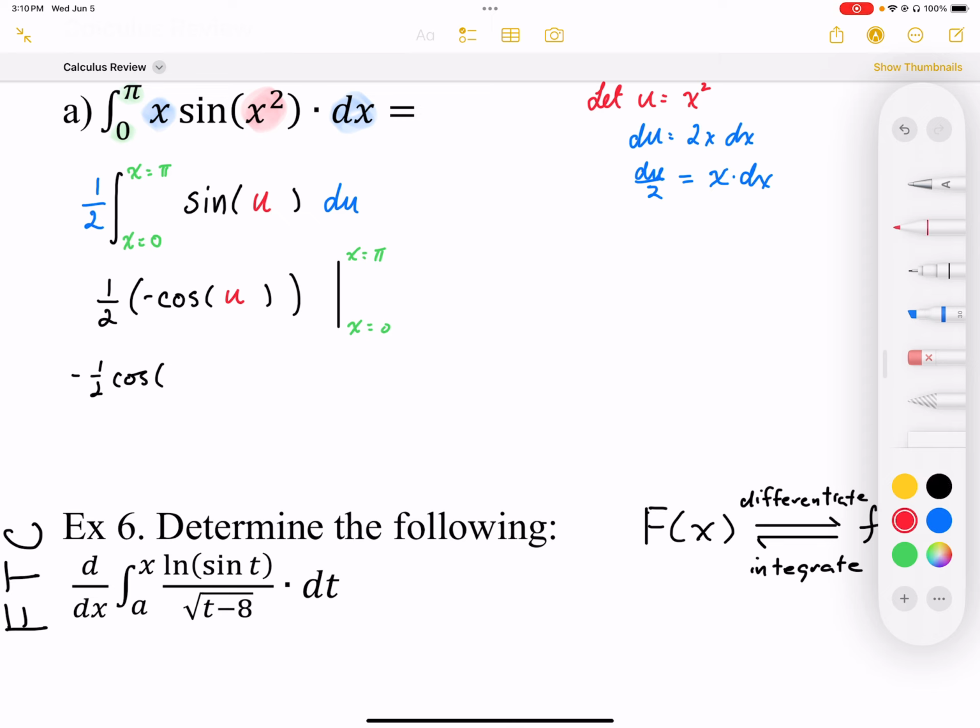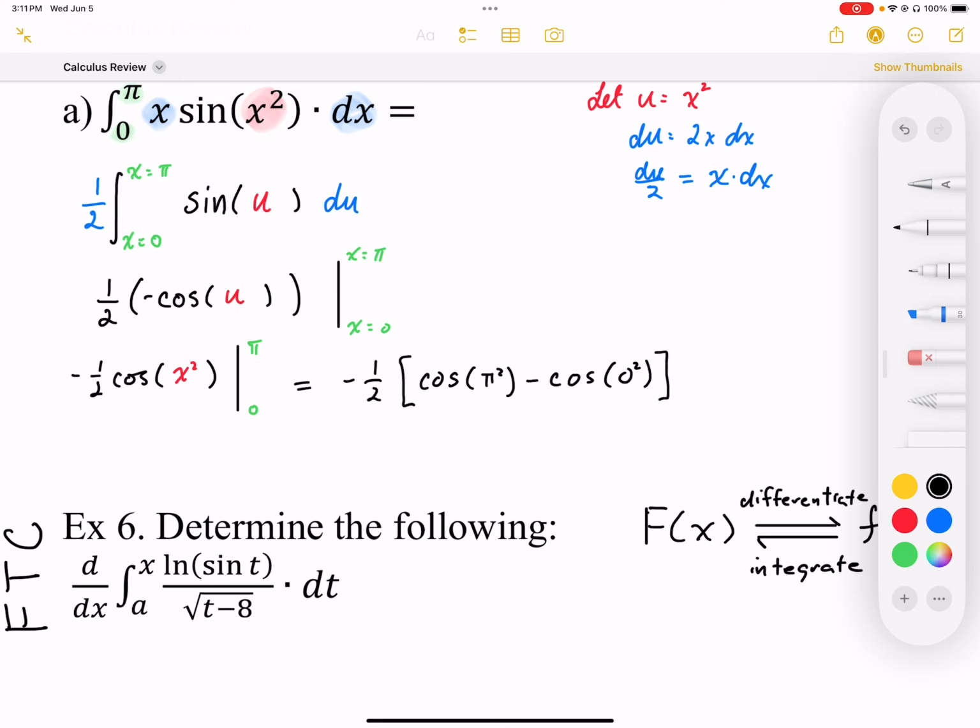I don't need the x equals anymore, from 0 to pi. Okay, and then once I do that, I'm going to evaluate my integral. I'm going to factor out my negative 1/2. I get cosine of pi squared minus cosine of 0 squared.